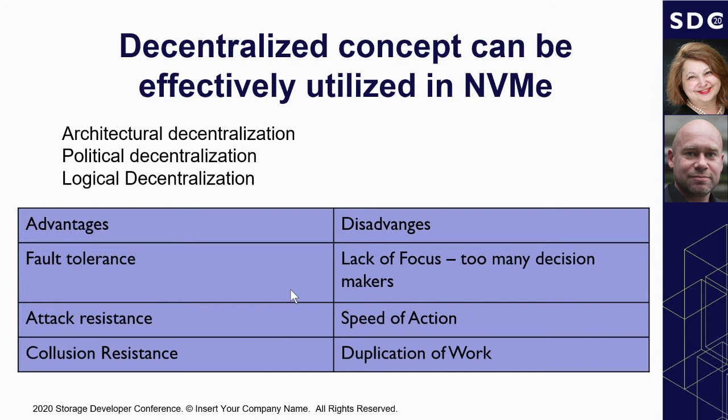When we talk about decentralization and NVMe, we're talking about fault tolerance, attack resistance, and collusion resistance as advantages. As disadvantages, there is a lack of focus from too many decision makers, yes. Speed of action: NVMe devices are becoming very fast, so maybe we will soon consider it an advantage. And duplication of work: the data mirroring does create a duplication, and we all recognize that.